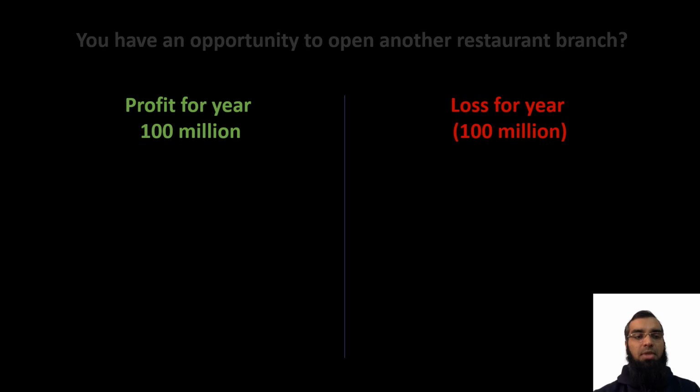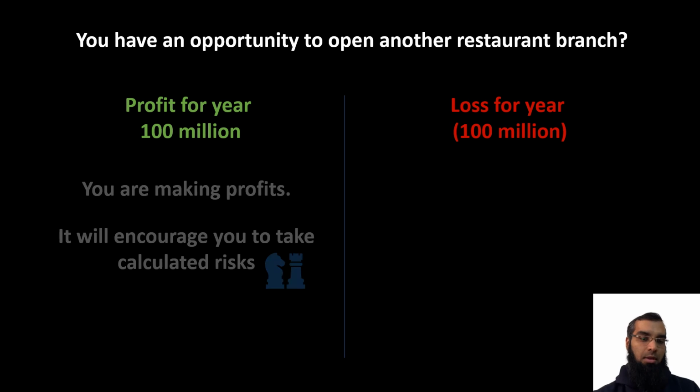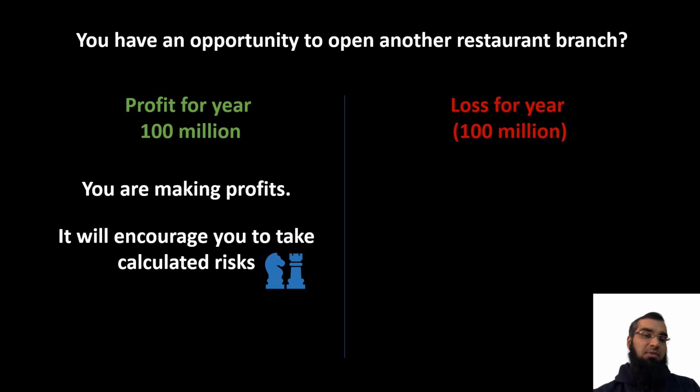Now let us assume that we have an opportunity to open a branch of our restaurant in another location. In case we are making profits of 100 million, since we are already making profits, it would give us encouragement to take even more calculated risks. So probably we would be willing to risk opening another branch to earn even more.